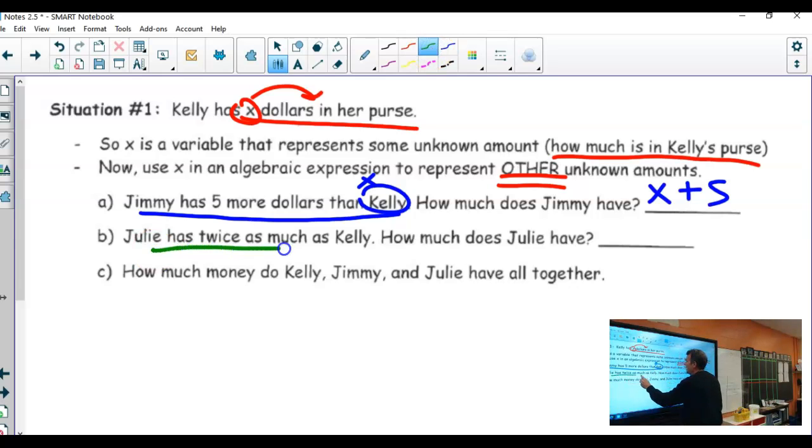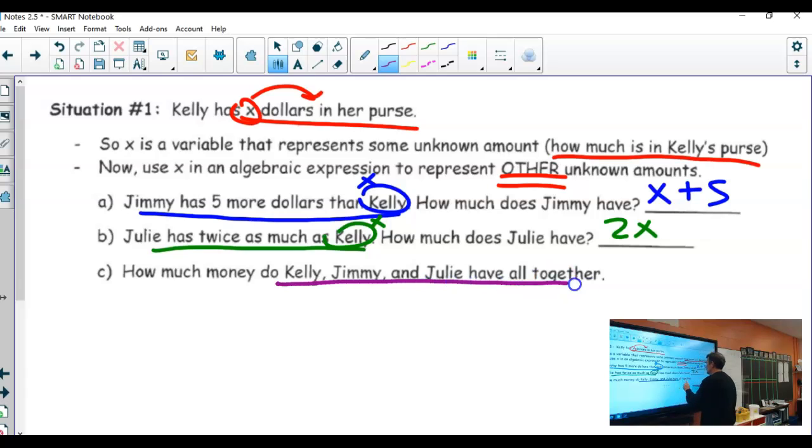Julie has twice as much as Kelly. So if Kelly is X and Julie is twice as much as Kelly, Julie would have 2X, right? And then finally, we're going to write a little expression for how much money Kelly, Jimmy, and Julie have all together.